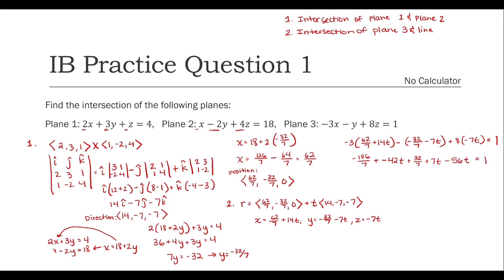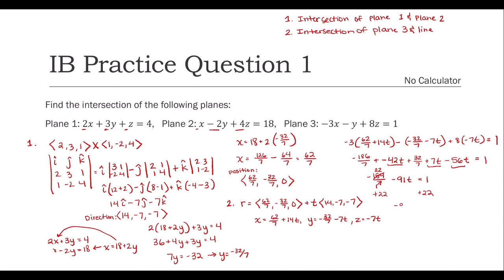Negative 186 over 7 plus 32 over 7 is negative 154 over 7, which can be simplified to negative 22 over 1. And then we'll combine our t's as well. So we have negative 42t plus 7t minus 56t. So we have minus 91t, and that equals 1. So we'll add 22 to each side.